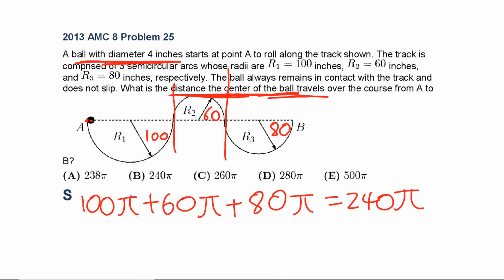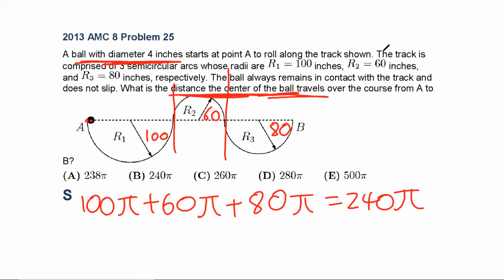From here, what you can do is pretty smart. Just by getting 240 pi and not doing any other calculation, I can get the answer.